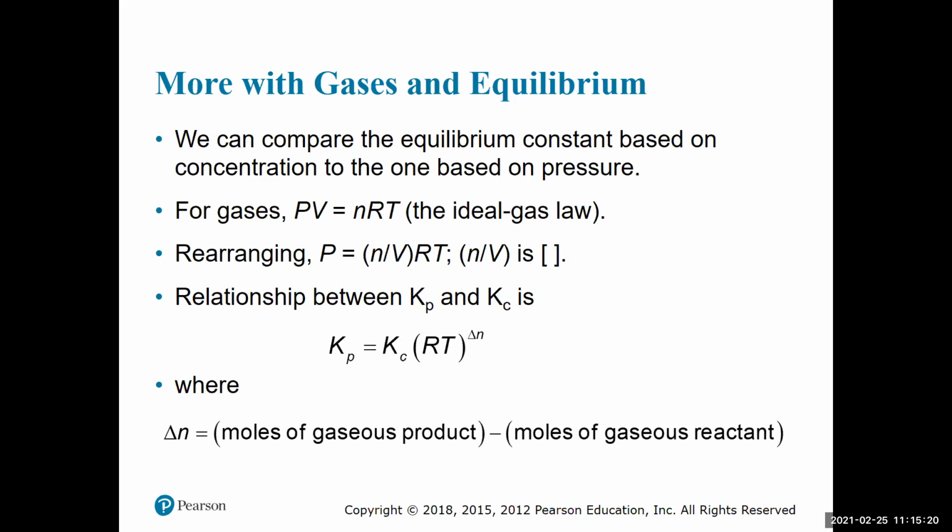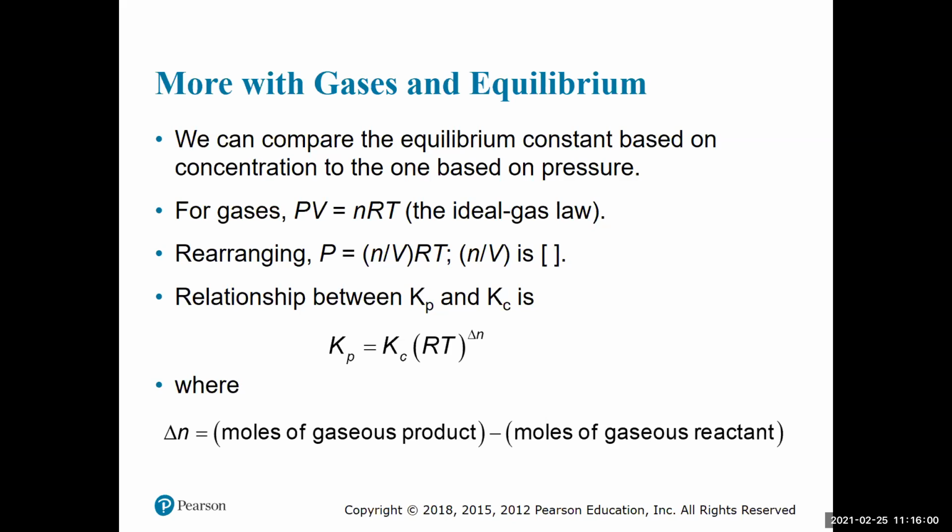There's a little bit of information here, but really all it's trying to communicate is that you can compare the equilibrium based on concentration to the pressure by using the ideal gas law. Remember, ideal gas law is PV equals nRT. You can rearrange that a little bit. And what you're after, though, is this last equation, Kp equals Kc times (RT) to the delta n. That's the relationship between the equilibrium constant for pressure versus the equilibrium constant for concentration.